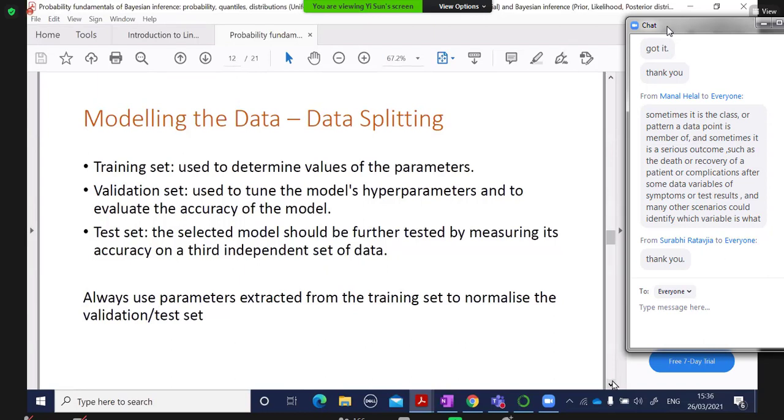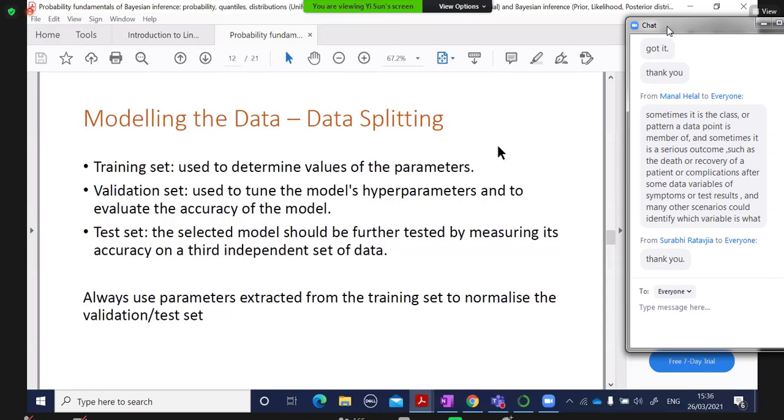Traditionally, this can be done by splitting the existing data into training, validation, and test sets. So let's have a look here, the training set. The training set is used to determine values of parameters.